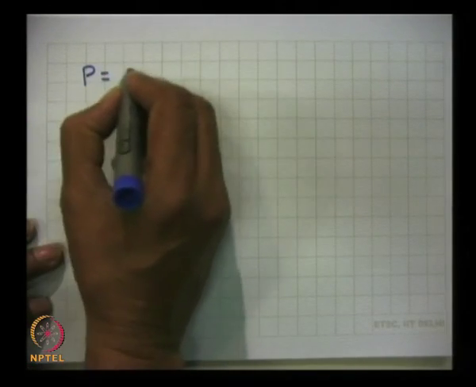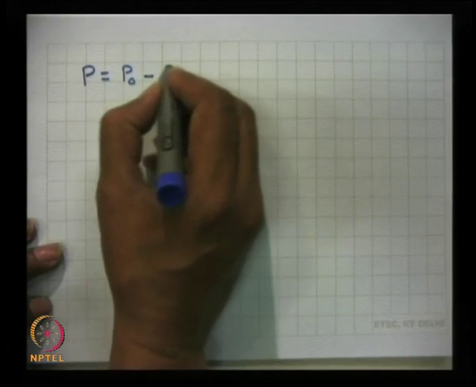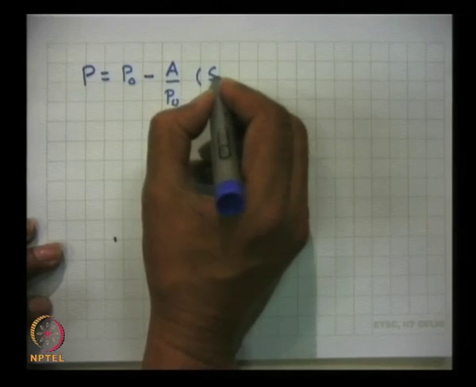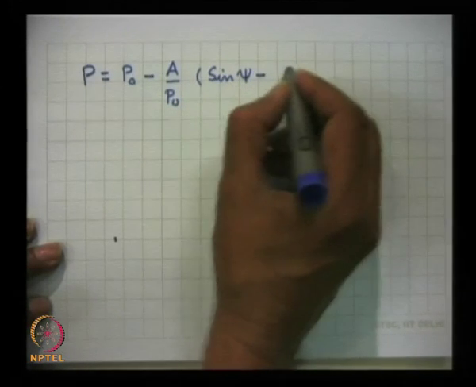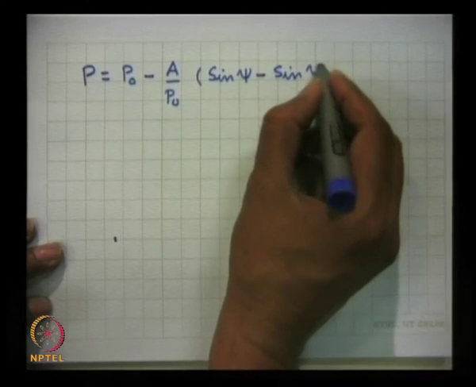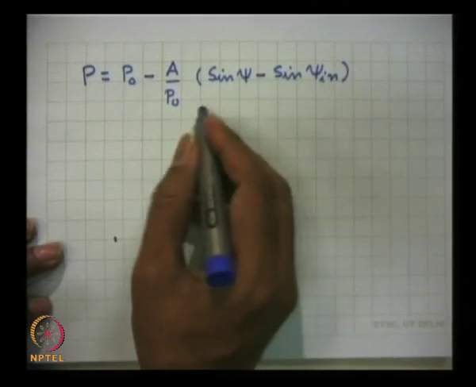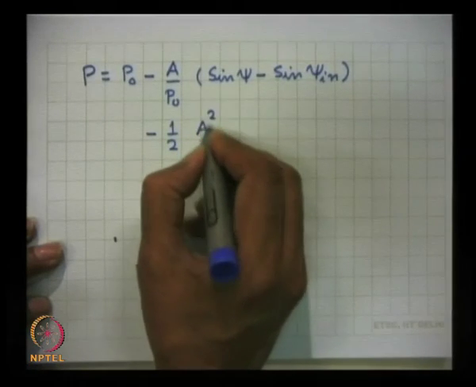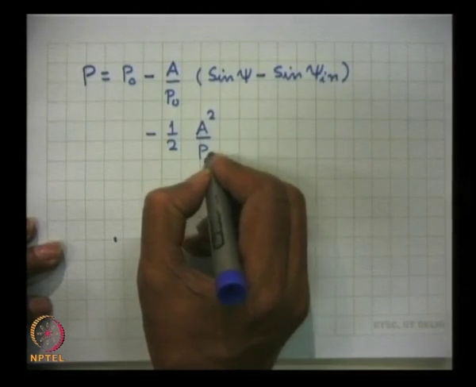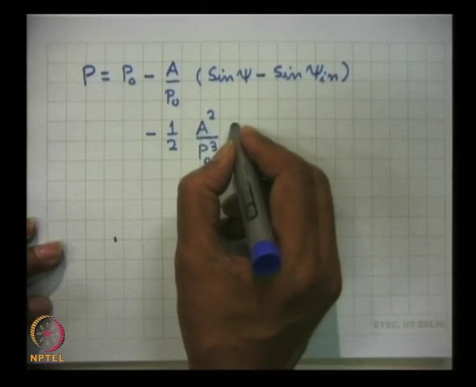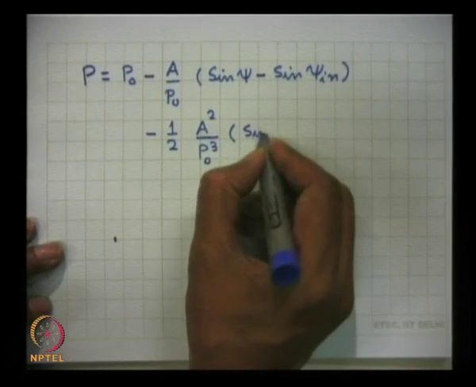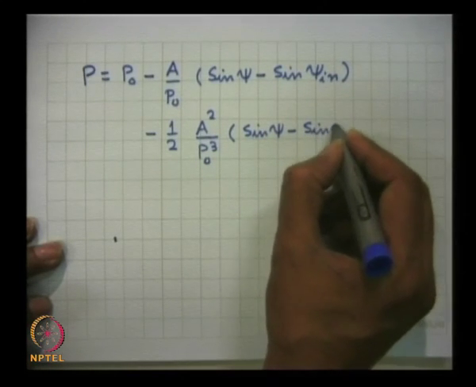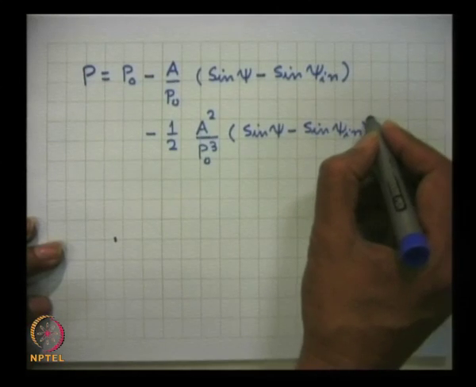P is equal to P0 minus A upon P0 within bracket sin psi minus sin psi in, minus half A square upon P0 cube sin psi minus sin psi in, square.